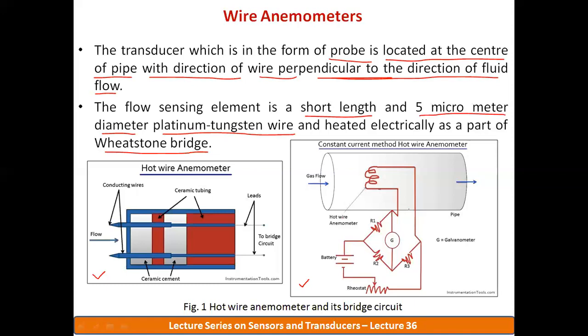This sensing element acts as one resistor of the Wheatstone bridge, here acting as resistor R4. Whenever I want to measure the resistance of a sensing element, I connect it as one of the resistors of a Wheatstone bridge.